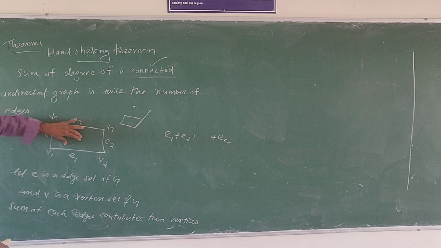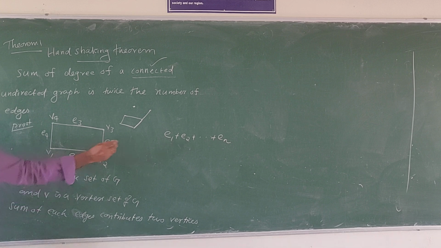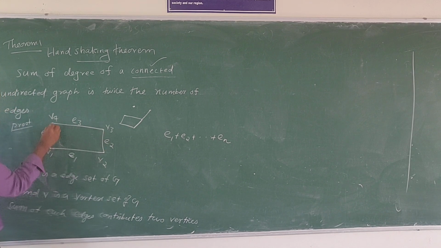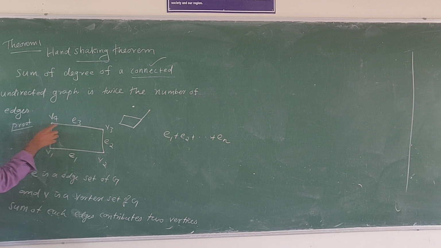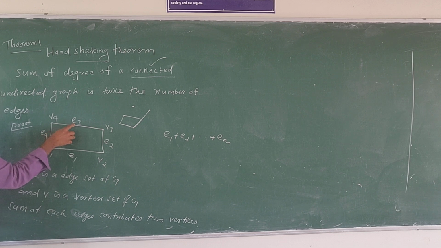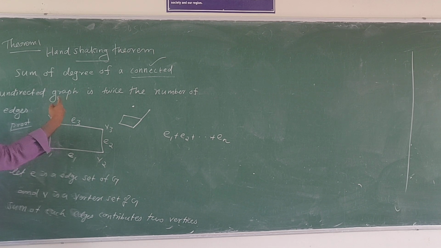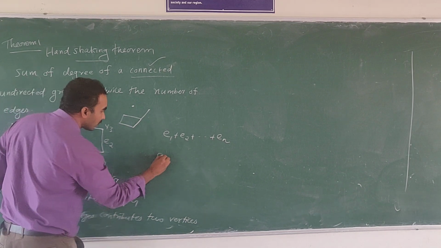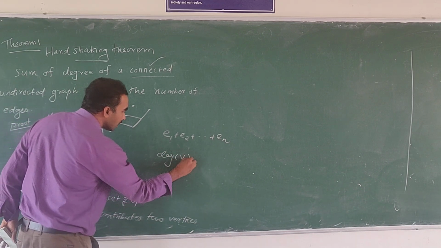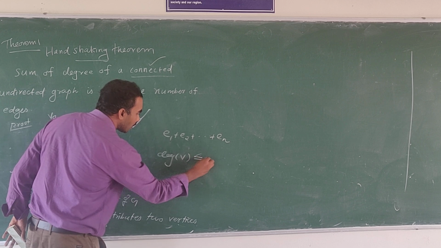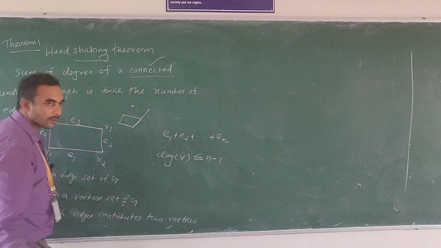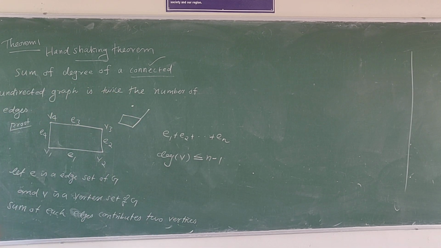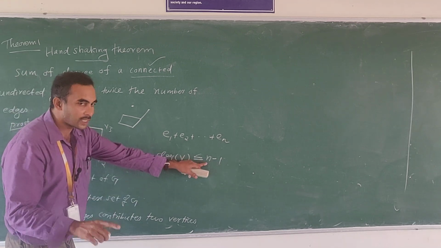In a connected graph, what is the maximum degree of the vertices? Here V4 has 2, but in some problems 3, like that it will change. But in general, the degree of a vertex should be less than or equal to n minus 1.